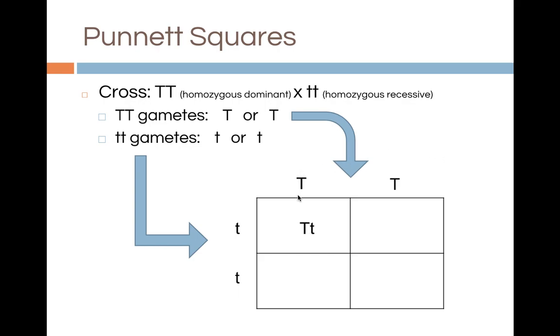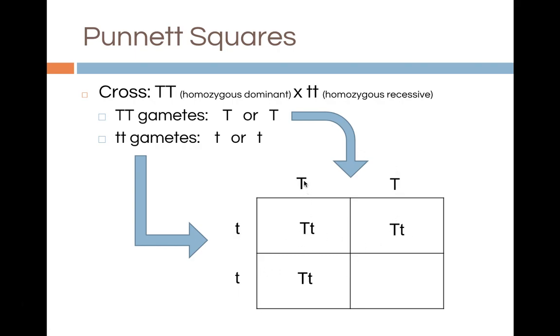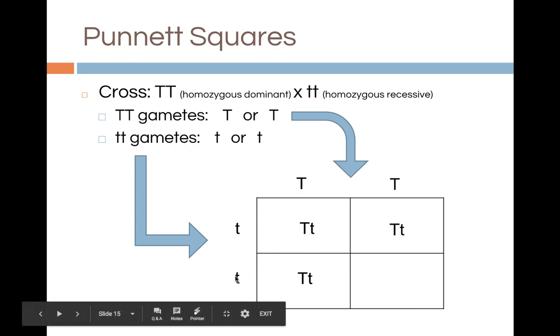So if you take this big T and put it down here, and this little t and put it over here, this combination would be heterozygous, big T, little t. We take this T and this T all the way down and over. Same here, big T from here goes here, little t goes here, and then the last one.